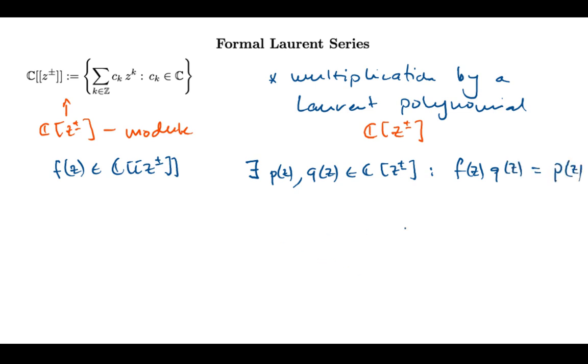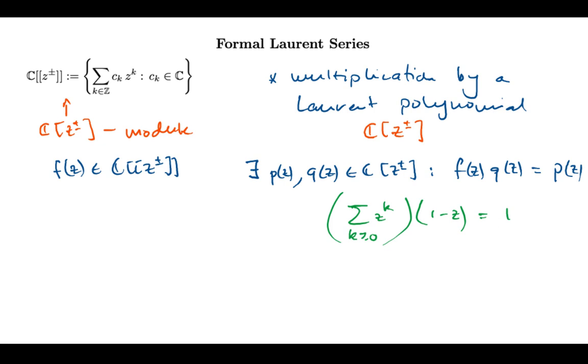As an example, think of f as the geometric series. And then we know, for example, because of long division, or if you can just verify that, if we multiply this geometric series by the polynomial 1 minus z, we get the polynomial 1.